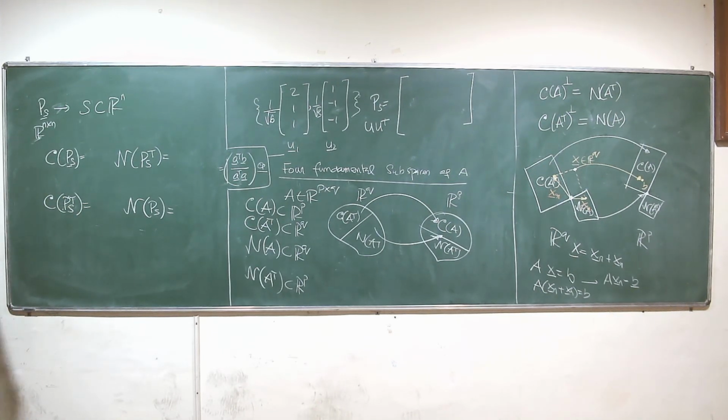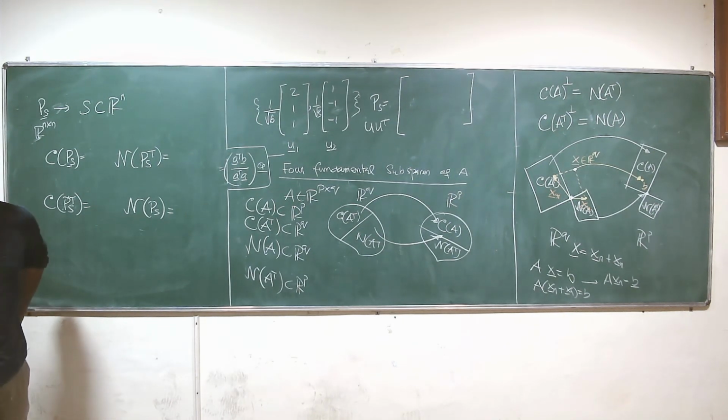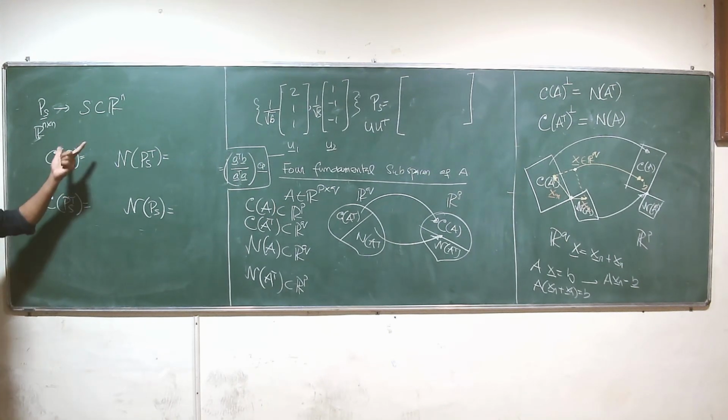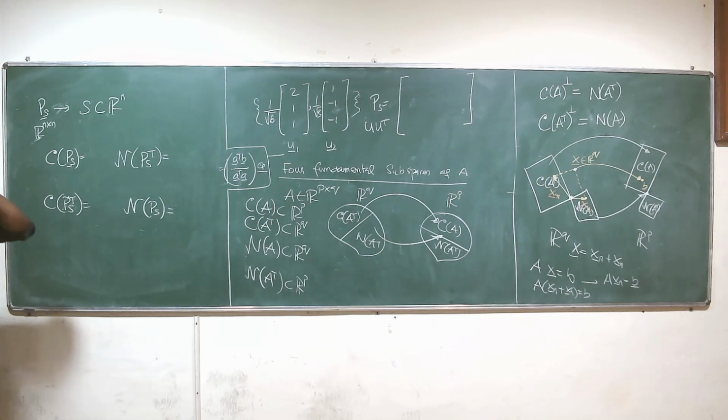What is the column space? What is the definition of the column space? This is a subspace of Rn. What elements does it have? Yes, span of the columns of the matrix A. Good.